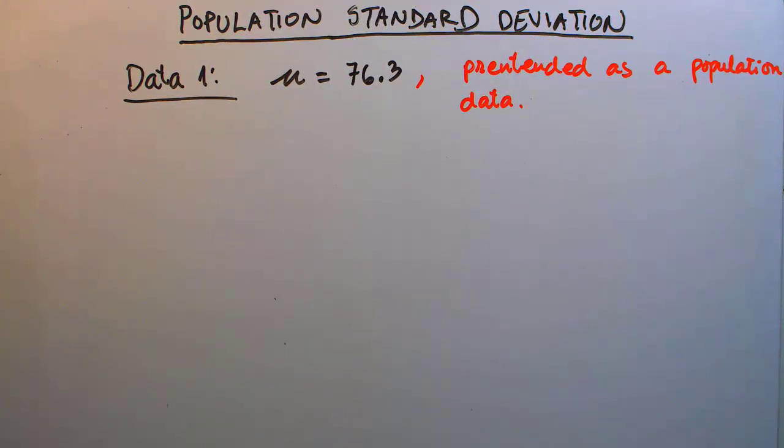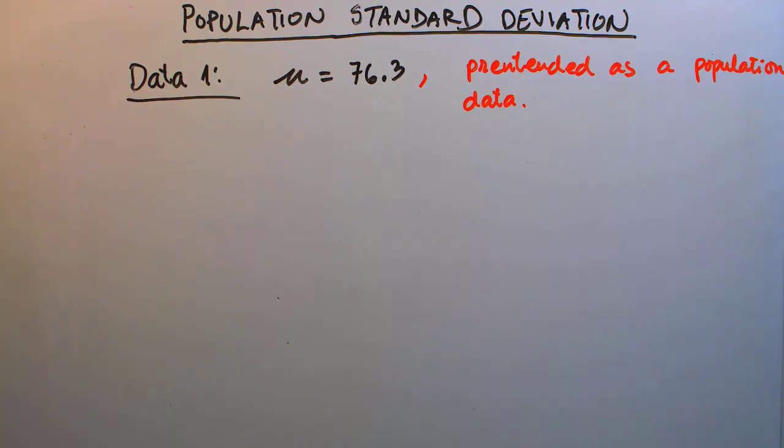We have an n of only 40, but we just need to learn how the concepts work and how the formula is derived here.